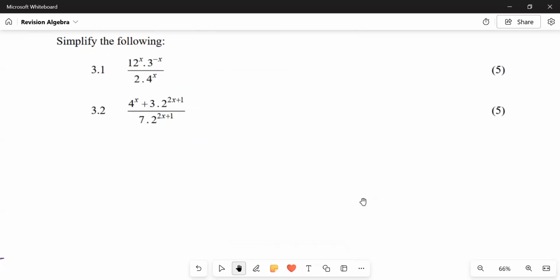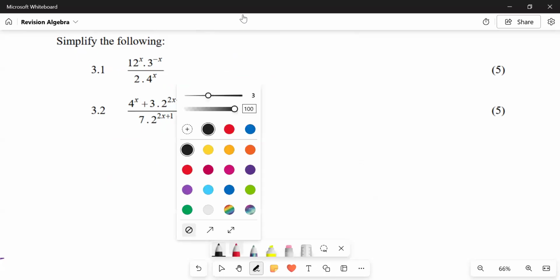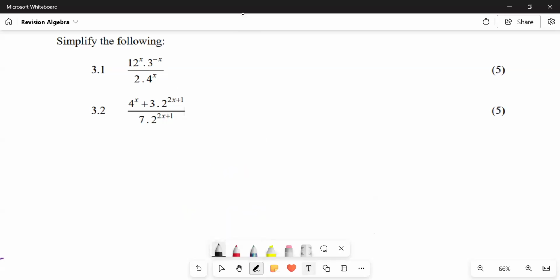Simplify. So we are simplifying, and we are given 12 to the power x times 3 to the power minus x. How do we simplify this? These two questions are based on exponents, so we have to apply the laws of exponents. But first let's change this 12 into prime factors.